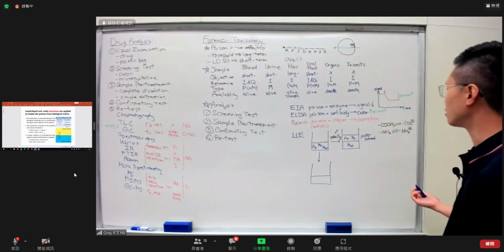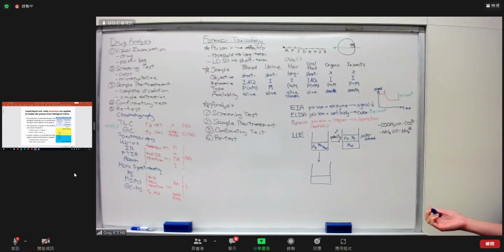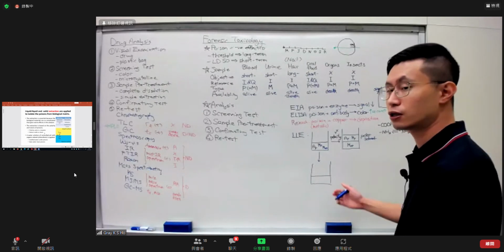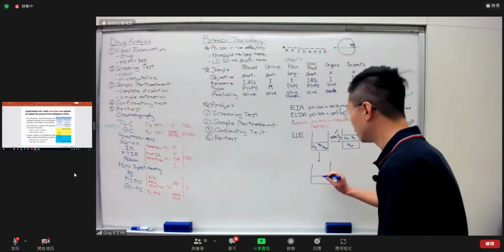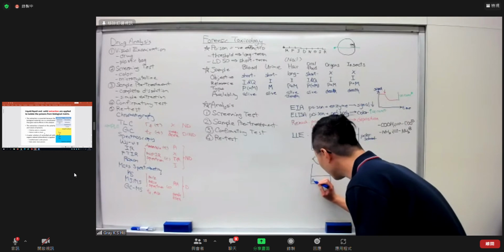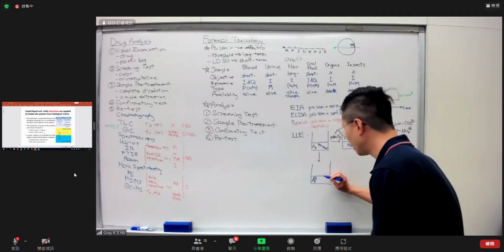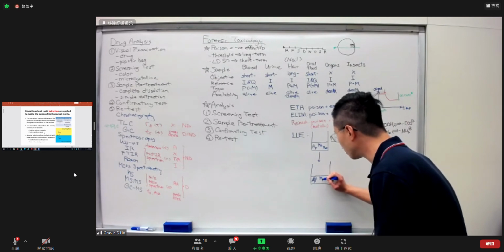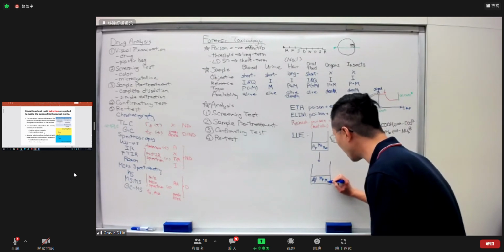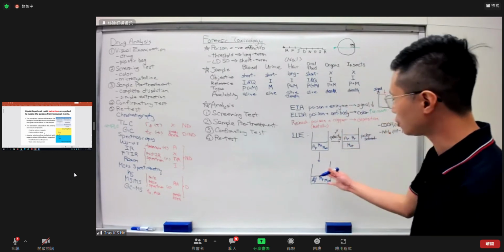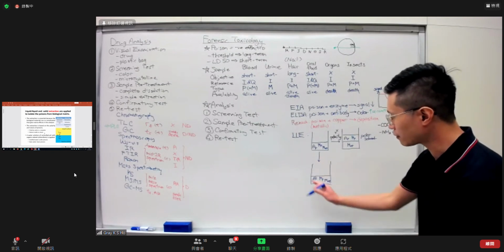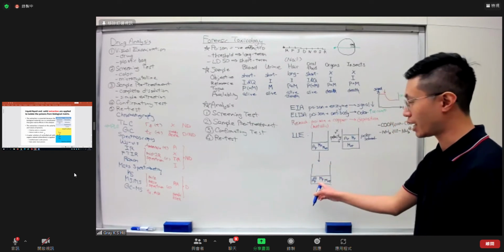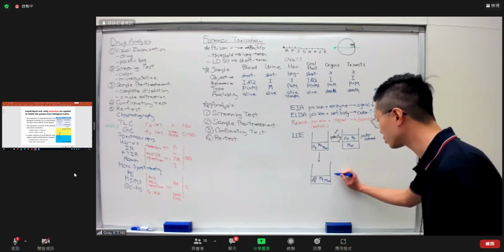Let's say the analyte has an amine group. We lower the pH so that our analyte becomes positive. For our matrix, nothing changes there. So at this point, after lowering the pH, your analyte is now bearing a charge.